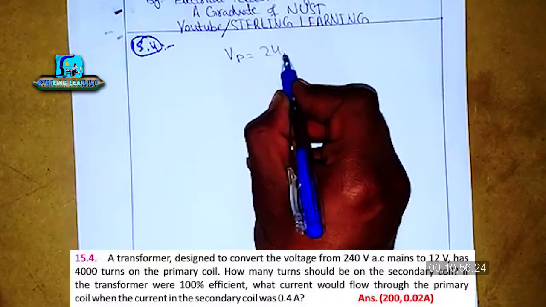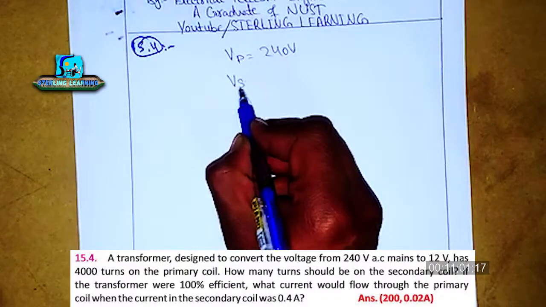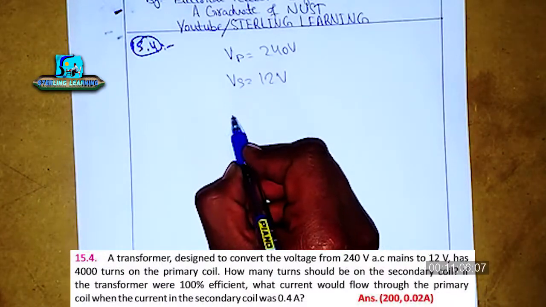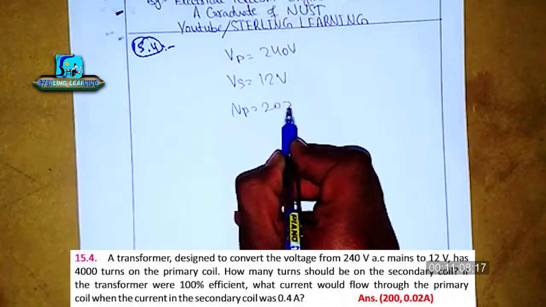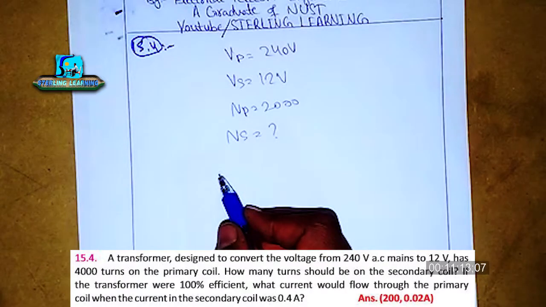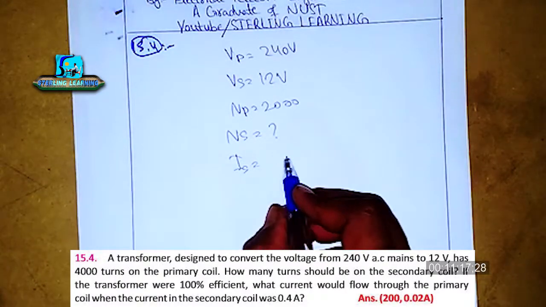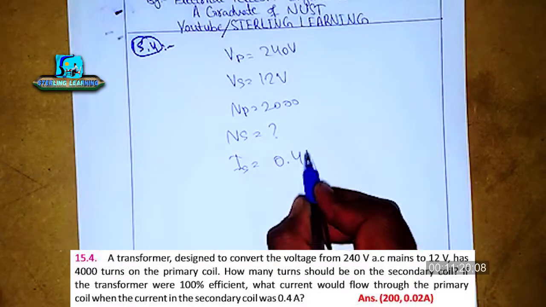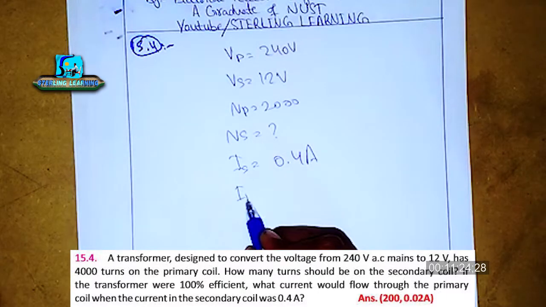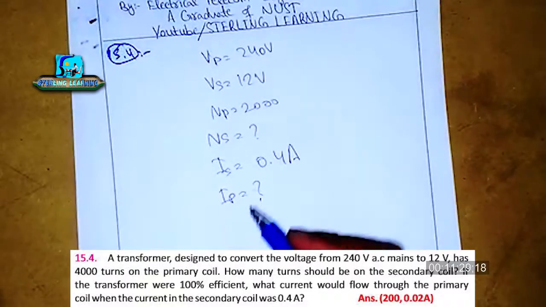Vp is 240 volts and Vs, which is required, is 12 volts. If Np is 2000 turns, then Ns is what? And if Is is 0.4 ampere, then Ip is equal to what? Very simple question.